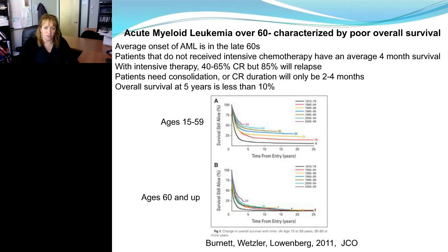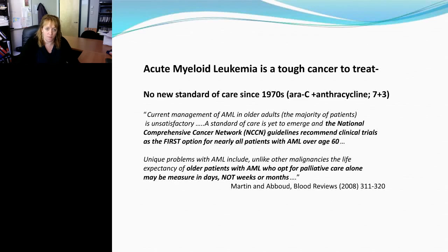The patients that don't receive intensive chemotherapy have an average 4-month survival. Although the CR rates are around 40 to 65%, 85% will relapse. Importantly, even patients who achieve a CR have a median survival of only 7 months. So clearly we have a long way to go to improve the clinical outcome of this disorder.